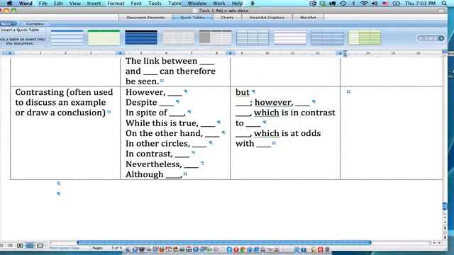And if you use however in the middle of your sentence and you have what could be a full, independent sentence on one side and an independent sentence on the other, then you should be separating it with a semicolon and a comma. Blank, comma, which is in contrast to, blank, comma, which is at odds with, which I don't think we had an example of, but this is also a very nice way to word two things that are contrasting.